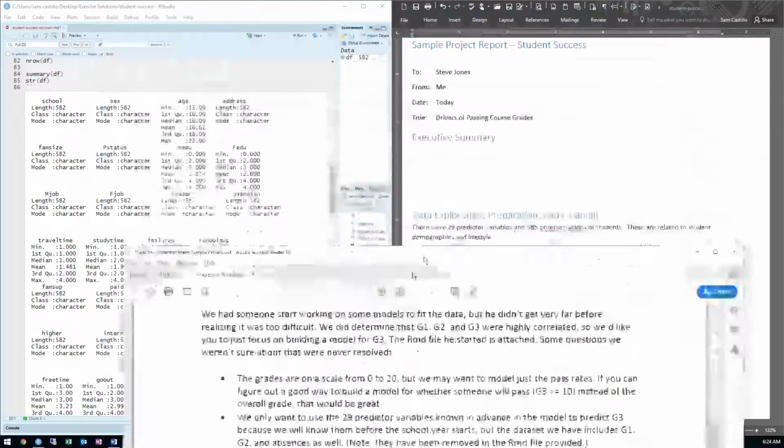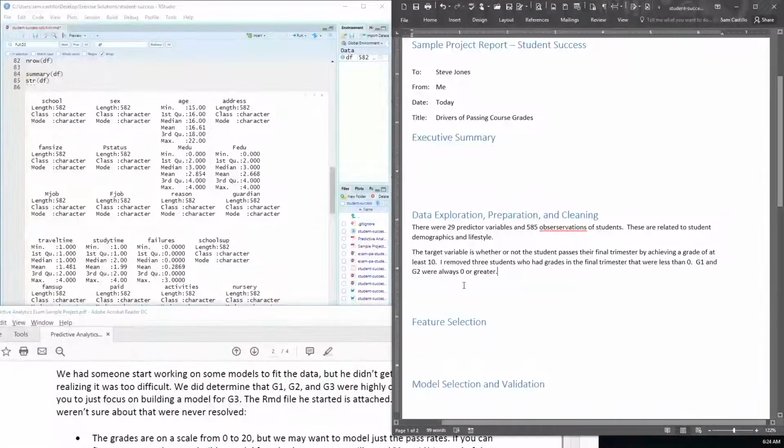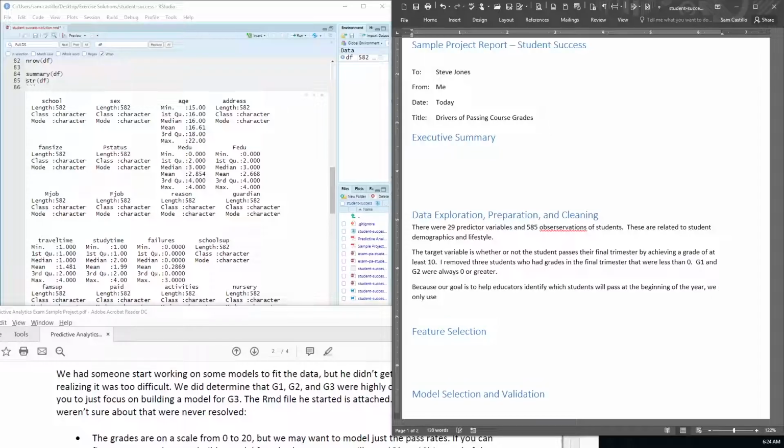Okay. So in other words, because our goal is to help educators identify which students will pass at the beginning of the year, we only use variables which they would know in advance.